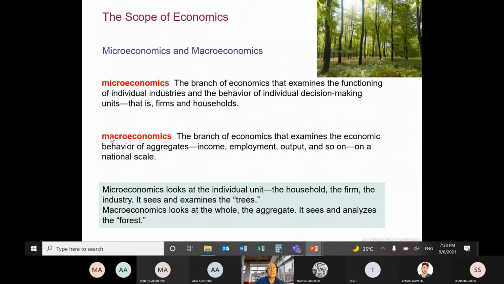What's the meaning of macroeconomics in Arabic? No. Macro is big. Micro is small. So macro is big. So what is macroeconomics in Arabic? الاقتصاد الكلي. Okay.